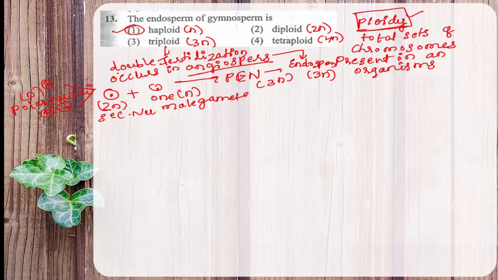The two haploid polar nuclei fuse with each other, that gives rise to the formation of secondary nucleus. Secondary nucleus combines with one of the male gametes which are discharged by the pollen tube, because one has fused with the egg to produce the zygote, and remaining one fuses with the secondary nucleus to produce the PEN, which is a triploid in condition. And PEN gives rise to the development of endosperm.